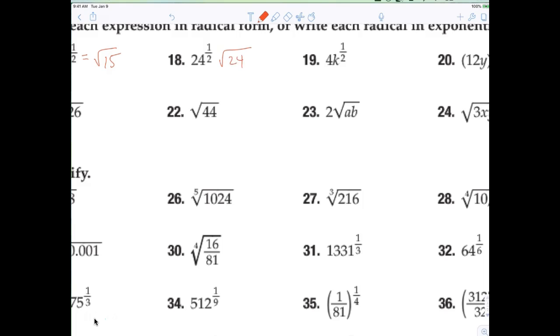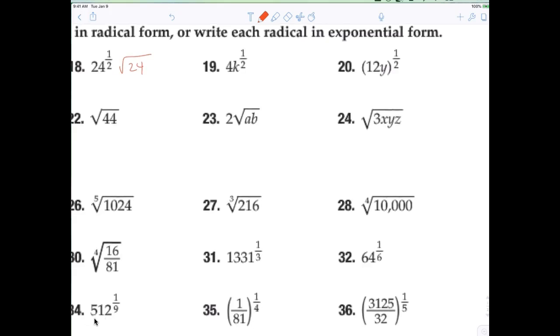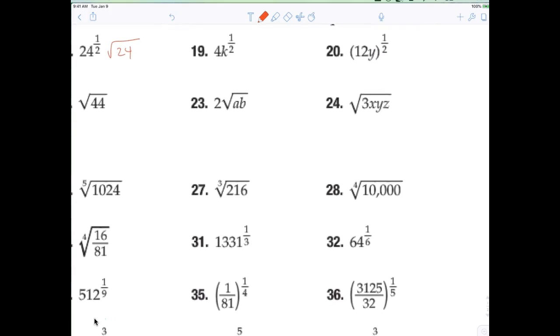And then 19 would be, now you've got to be careful with this one. It's just k being the square root. So the answer is what, though? Come on, write it. 4, and then square root of k. Does everybody understand that?